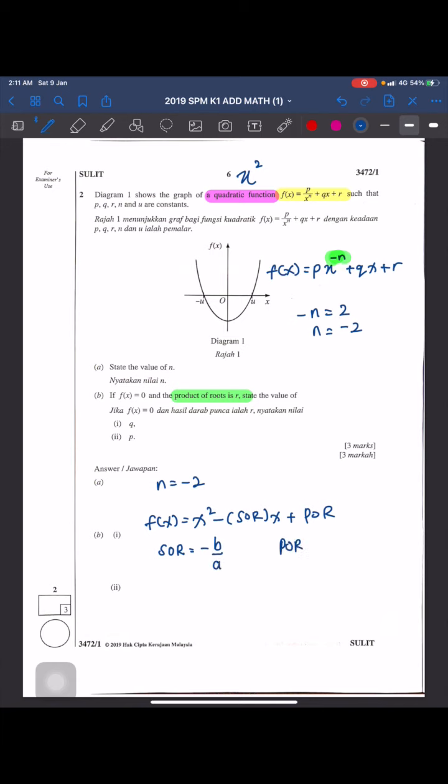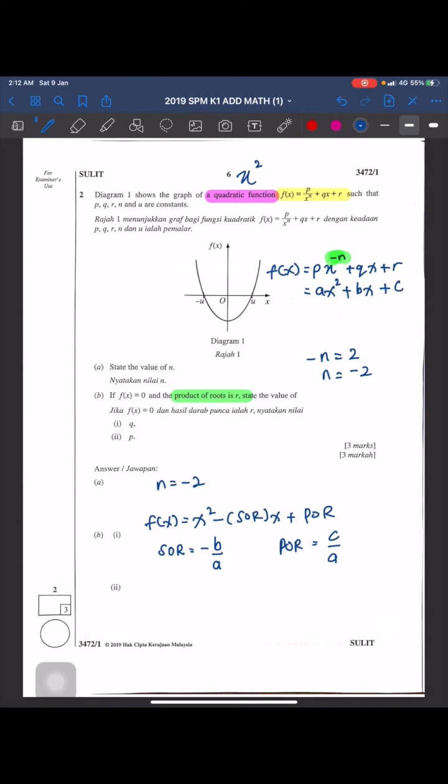Product of roots, formula dia adalah c over a. Okay, so kita cuba relate balik dengan kita punya equation yang di atas tadi. Okay, so kita tahu, so ni adalah ax square plus bx plus c.